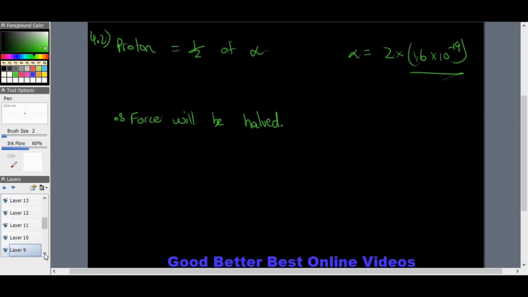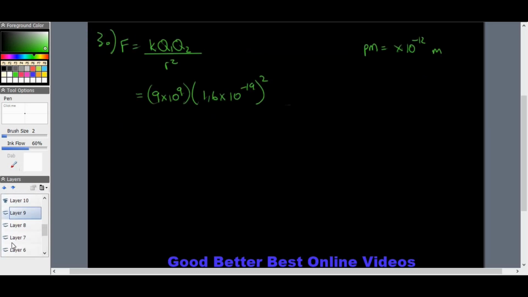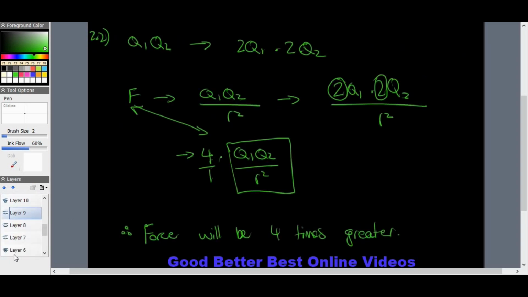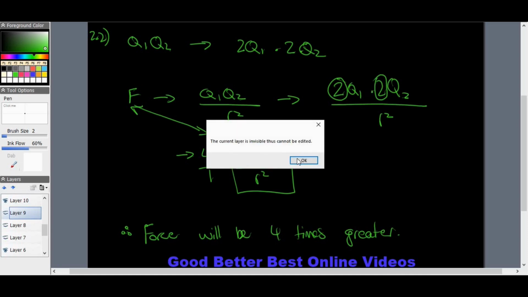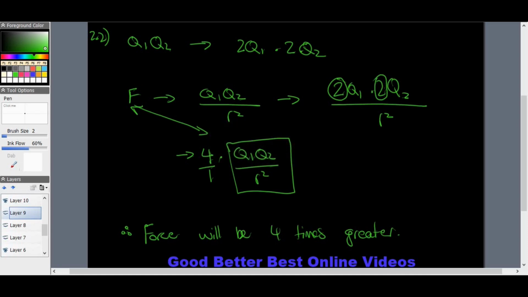And I'll explain it by going back to another example. So I think it's here. No. So here we see in question 2.2 the magnitude of each charge is now doubled. This is basically the alpha particle, 2 times the charge on a proton. So obviously if it's 2 times the charge of a proton, it's going to be 4 times greater. So now let's say I take this alpha particle away.